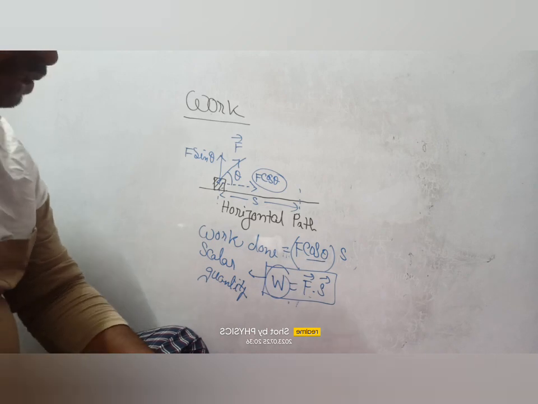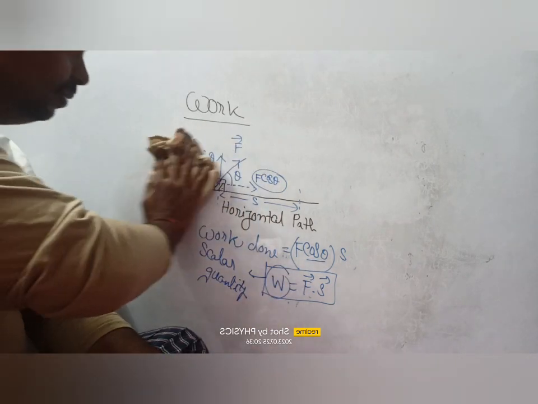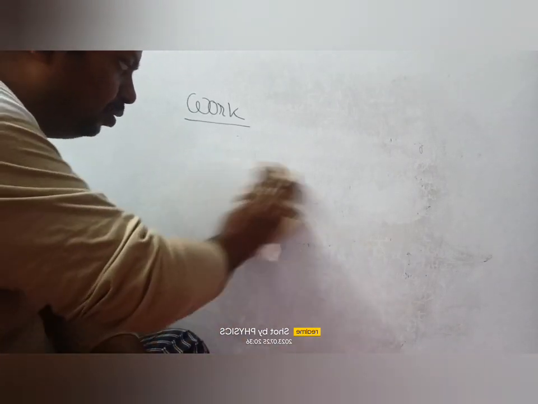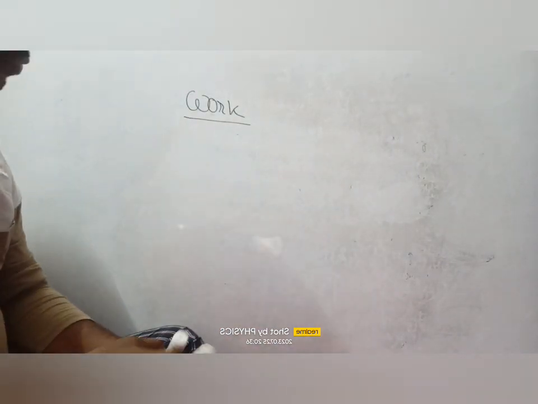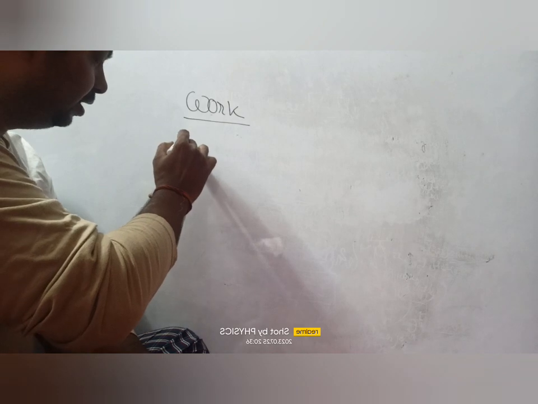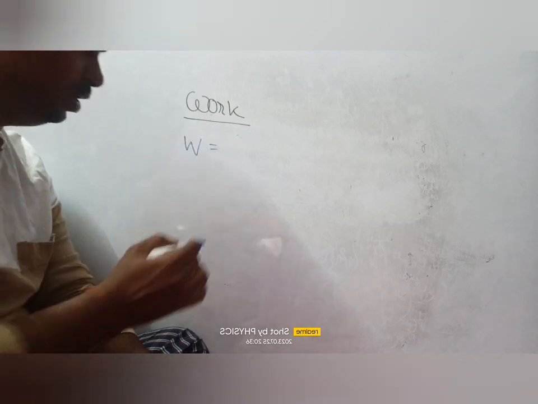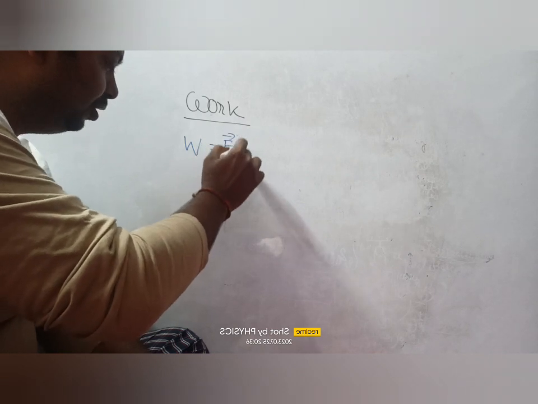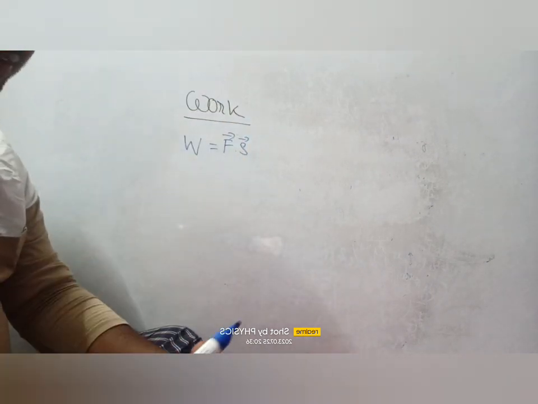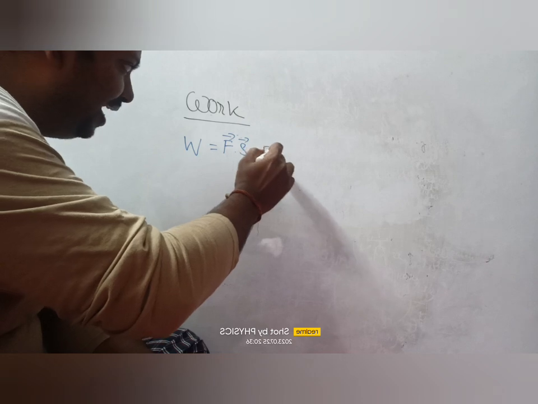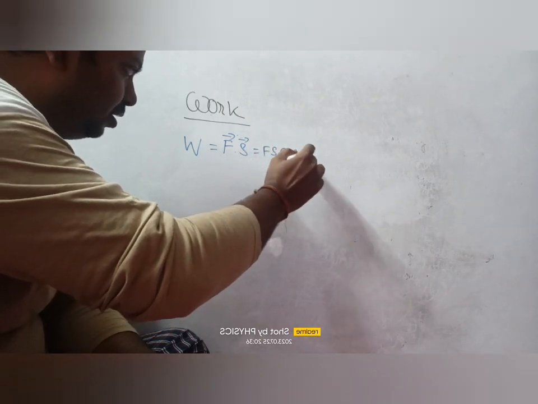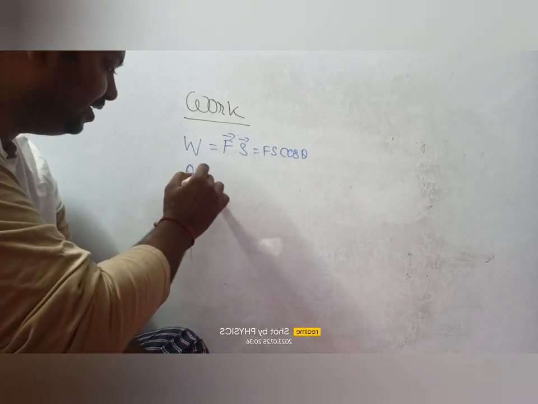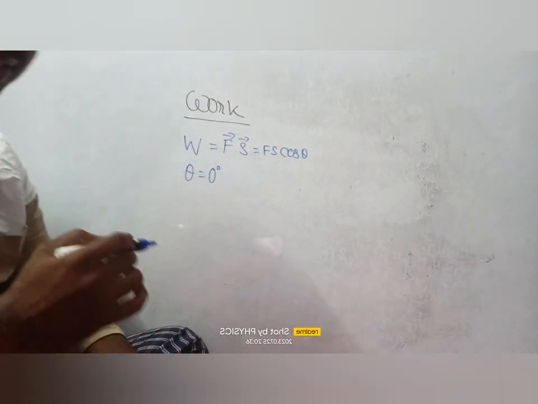Now let us consider the different cases for the work done. First consider the formula. W is equal to F dot S, which we can write as F S cos theta. Now if theta is 0 degree, what does it mean?